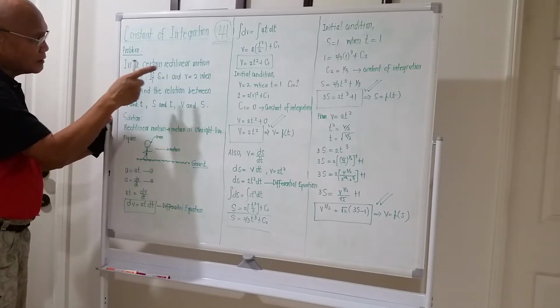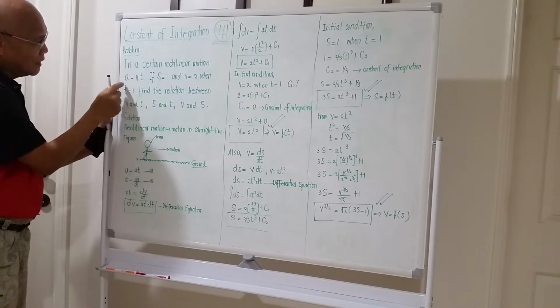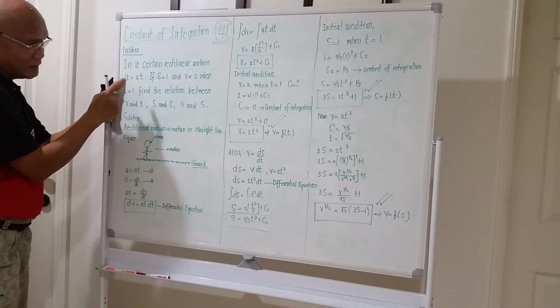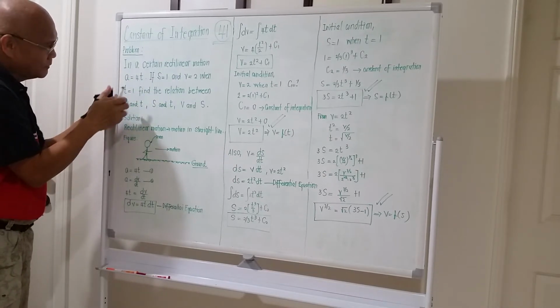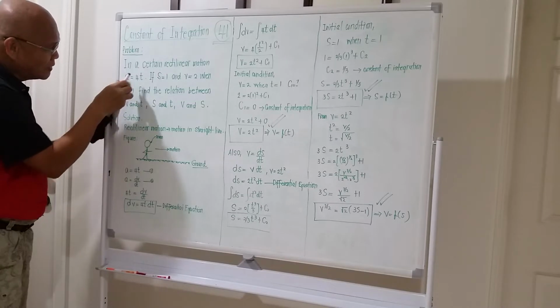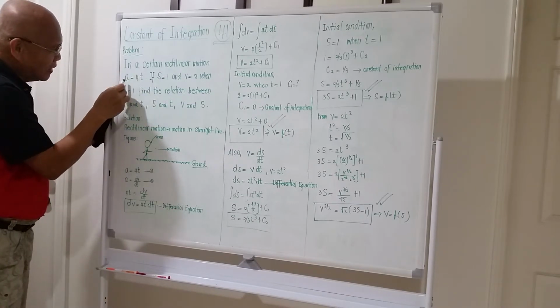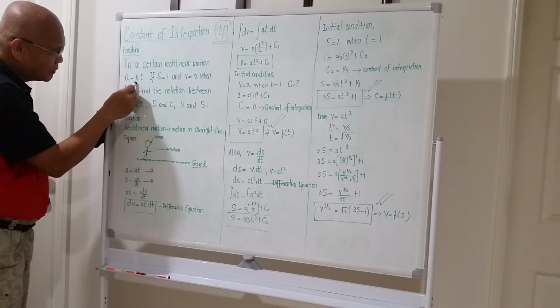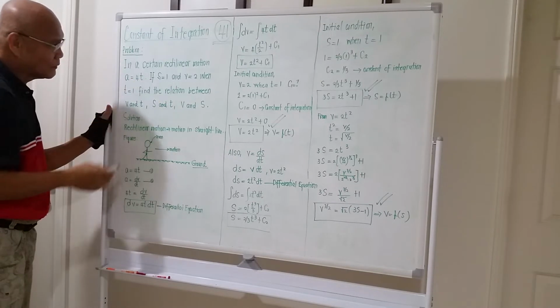In a certain rectilinear motion, acceleration is actually equal to 40. They give us this condition here. Acceleration is 4 times time.